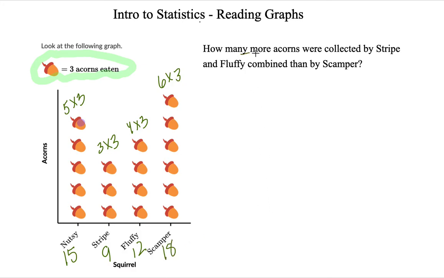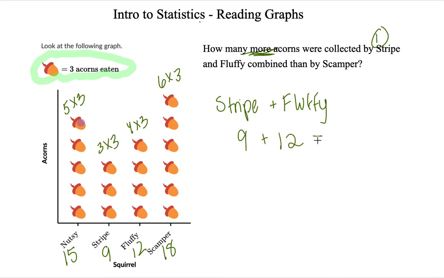So, how many more acorns were collected by Stripe and Fluffy combined? So that's the first thing I need to find. Okay, Stripe collected 9 and Fluffy collected 12, so they have a combined amount of 21.